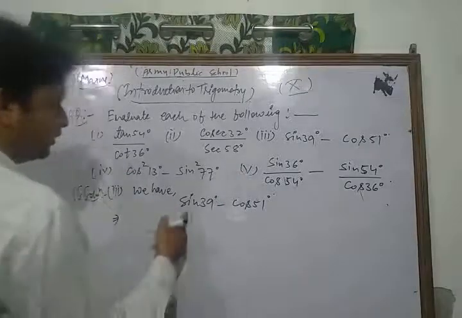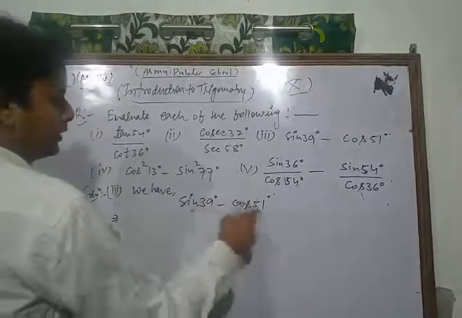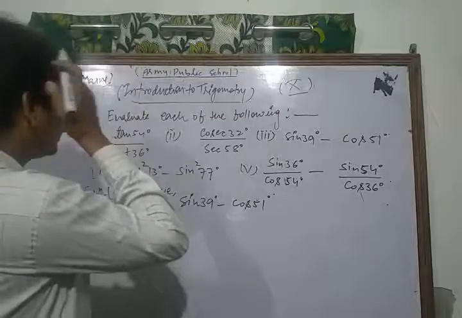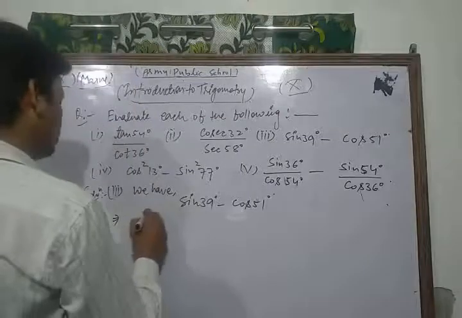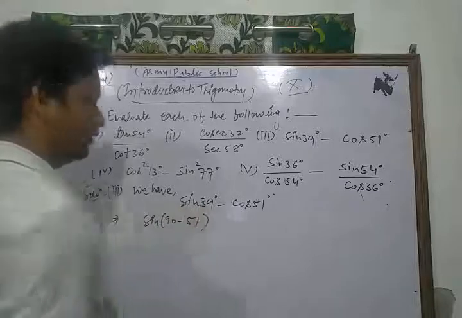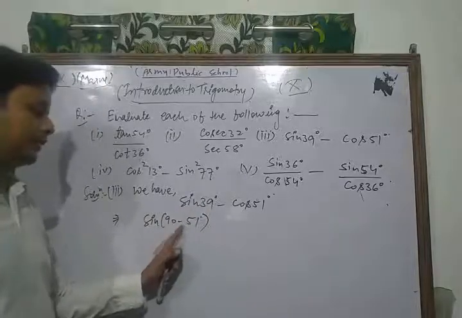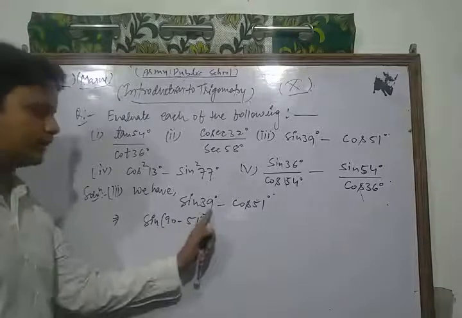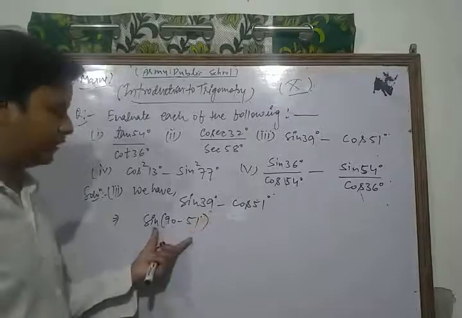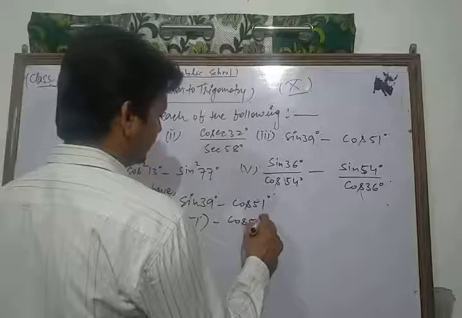So we convert sine or cos, because here 39 and 51 are complementary to each other, so we can convert one of them. So we can write sine 90 minus 51 degree, because if we subtract 51 from 90, we get sine 39. So we can write it in this way also, and minus cos 51 as it is.